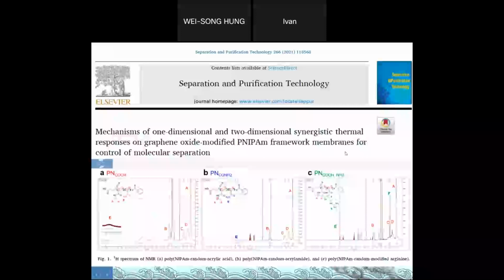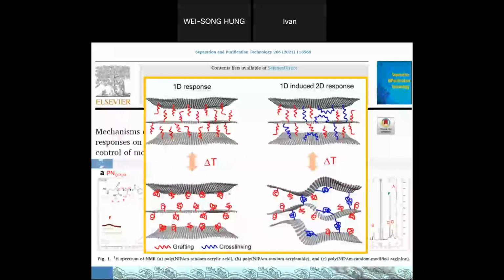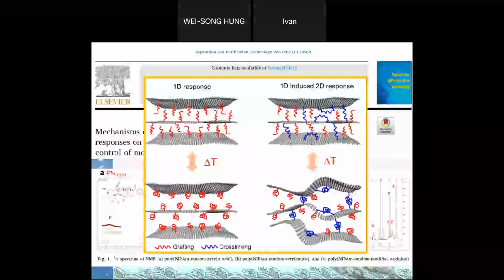In our lab, we also synthesize polyNIPAM to prepare thermal responsive membranes. PolyNIPAM is one of the thermal responsive materials.